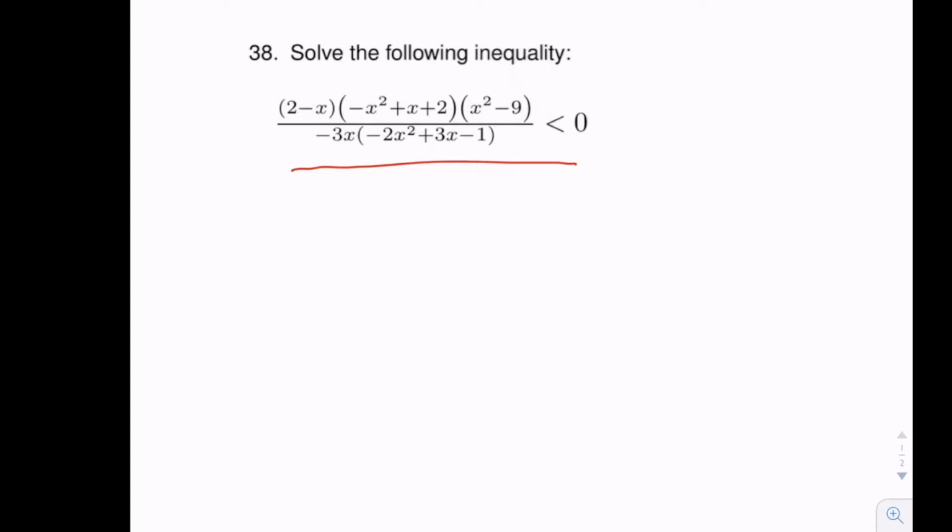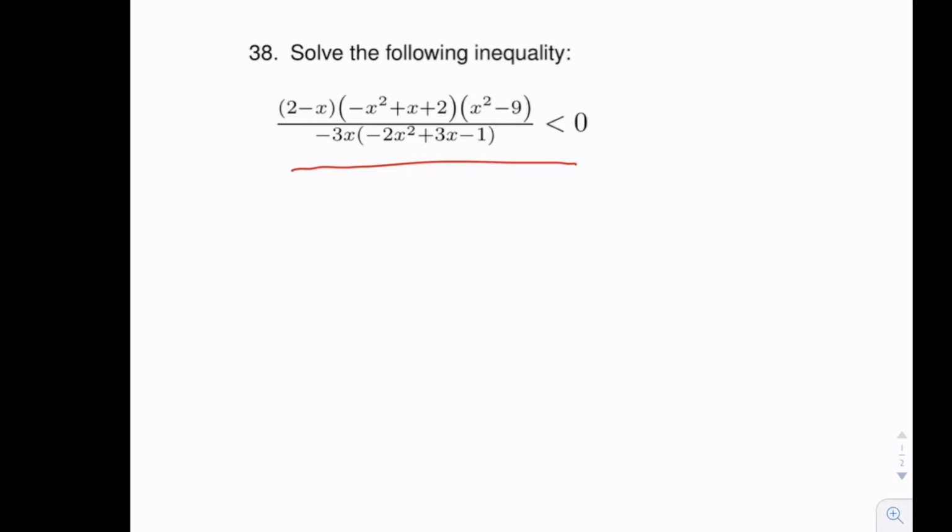In order to do that, we break it down into the expressions that are being multiplied by each other or divided by each other. We find the roots of those. Then we find the polarity of those sub-expressions. And from there, we find the polarity of this big expression.